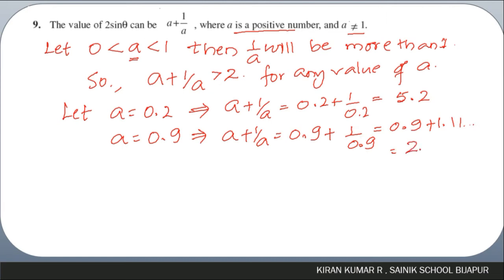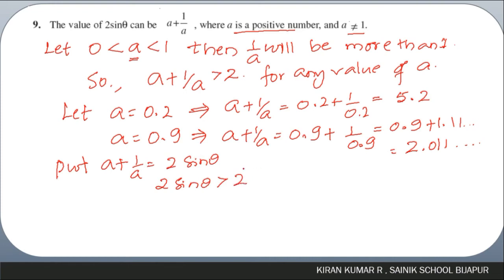So we get it as 2.01 and so on. Let's put the value of a plus 1 by a equal to 2 times sine theta. We get 2 times sine theta greater than 2. So sine theta value is greater than 1 and is not possible. Hence, the statement is a false statement.